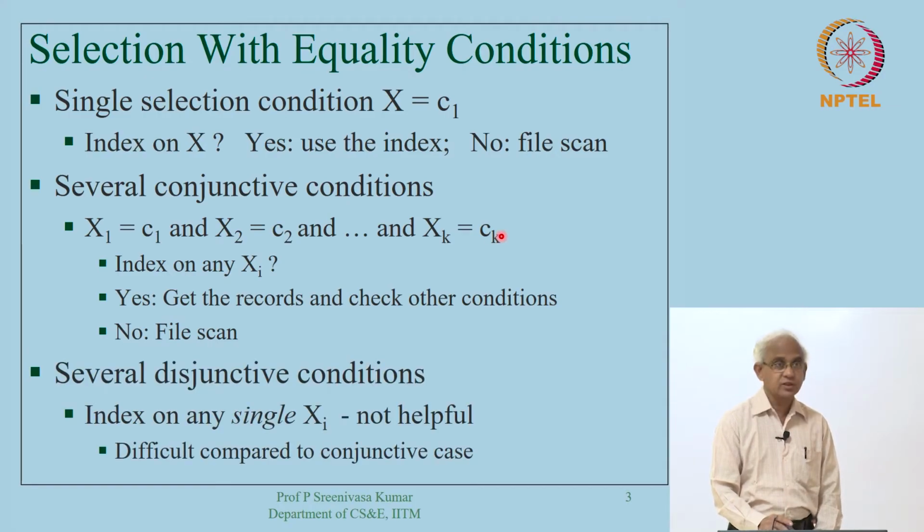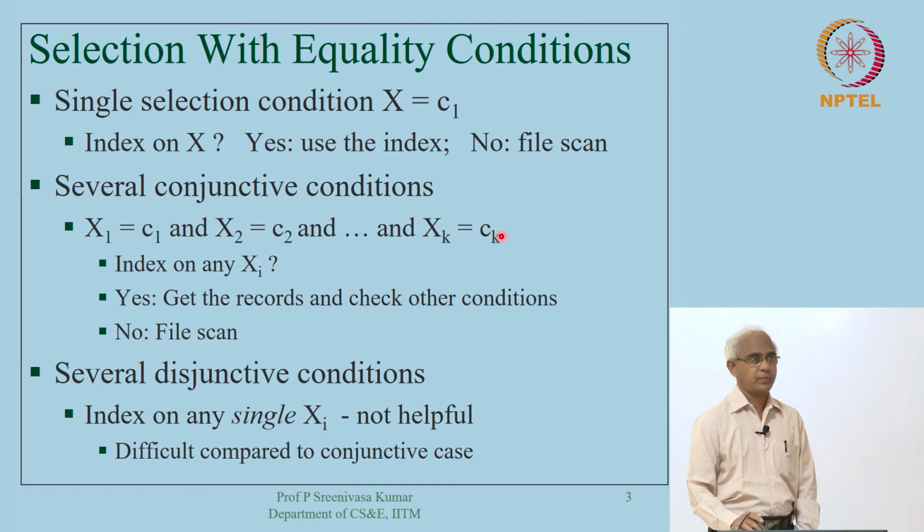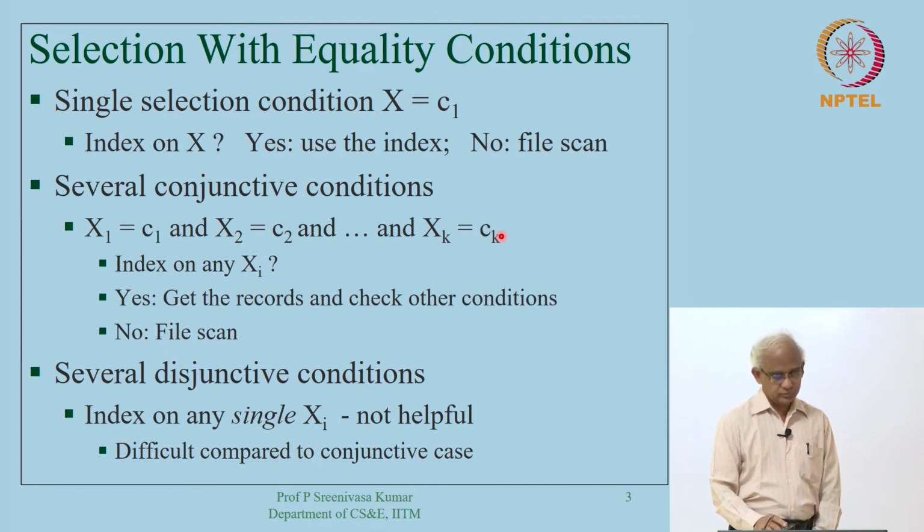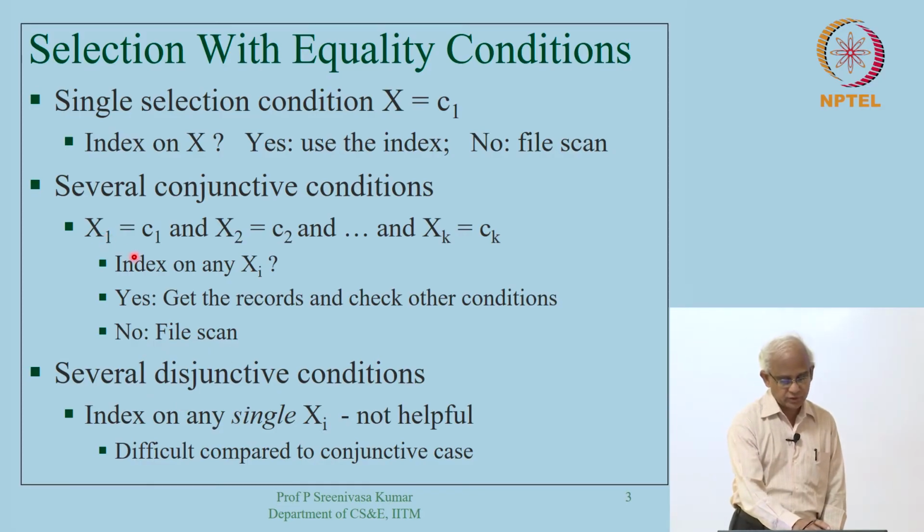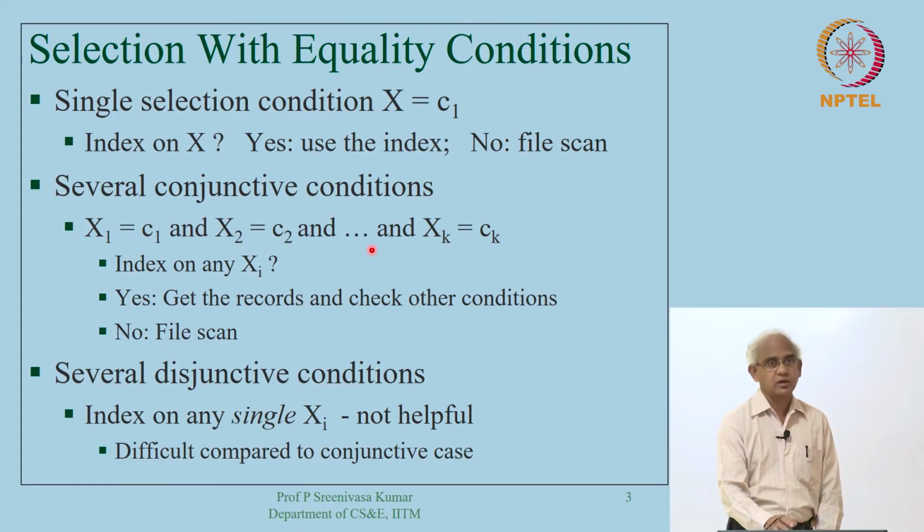Now, disjunction is harder than conjunction actually. If you have a disjunction, there are several disjunctive conditions, like x1 equals c1 or x2 equals c2 etc., or xk equals ck. Then it is not sufficient if you have an index on any one of them. In fact, you have to have an index on all of them, only then it will be useful.